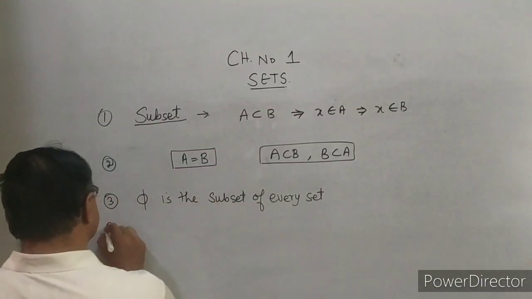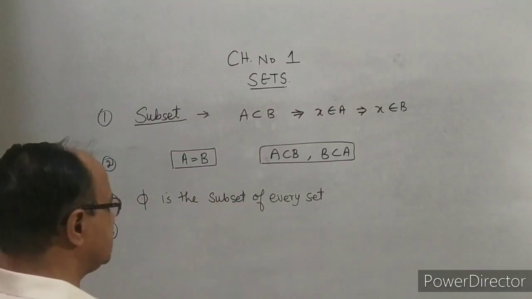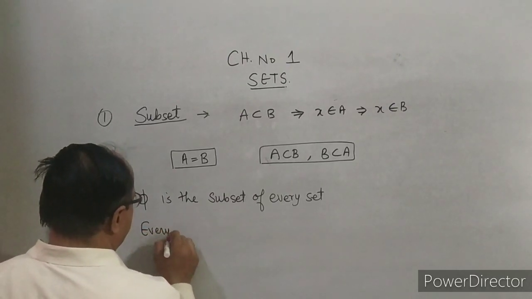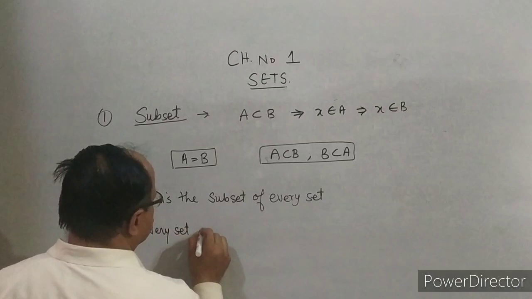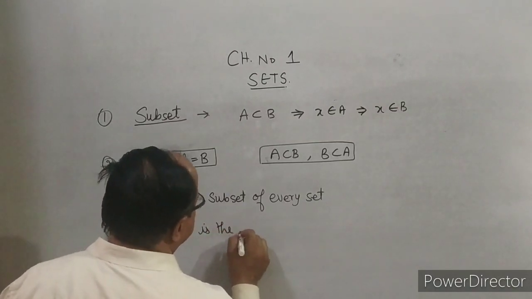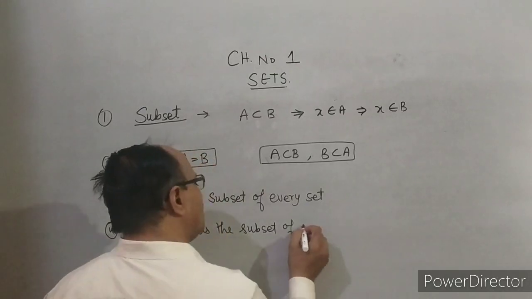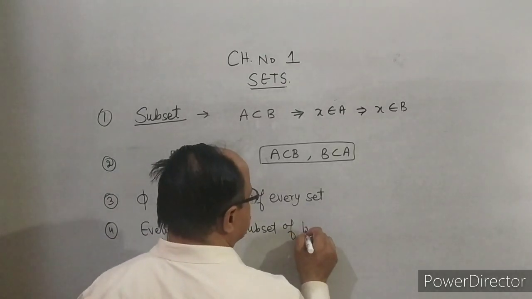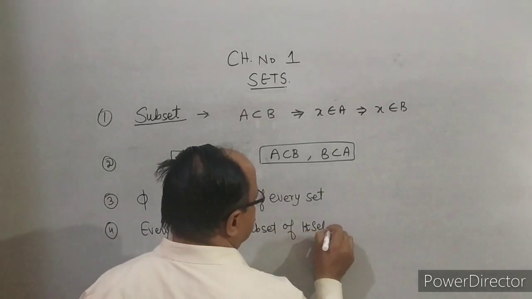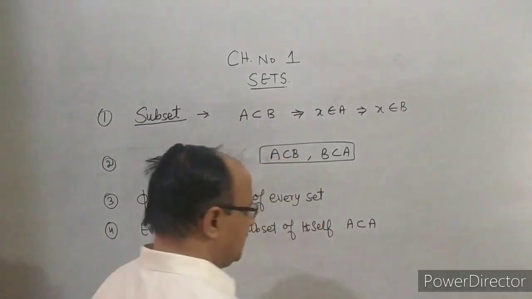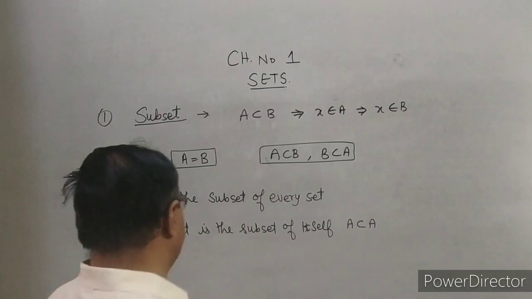And fourth point: every set is a subset of itself. We can say A is a subset of A.